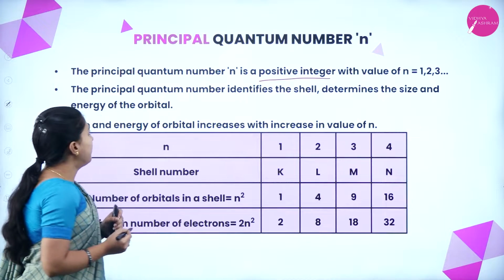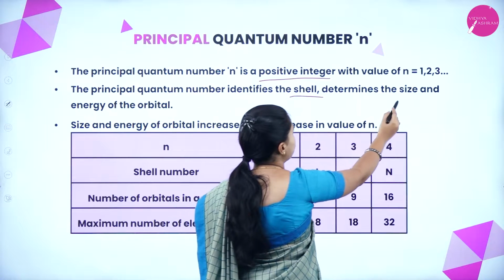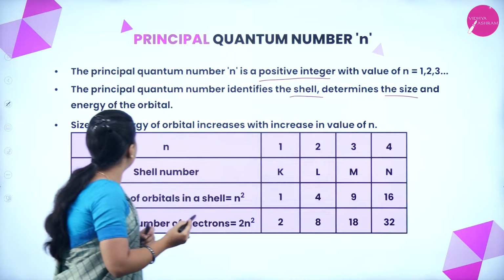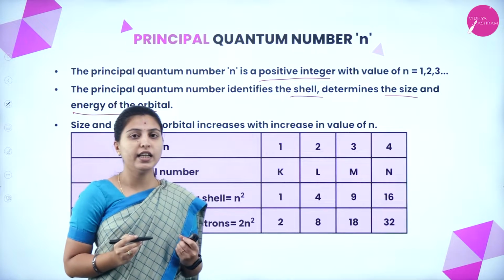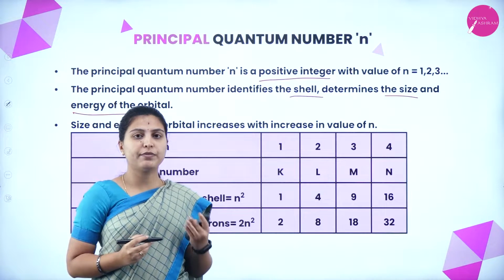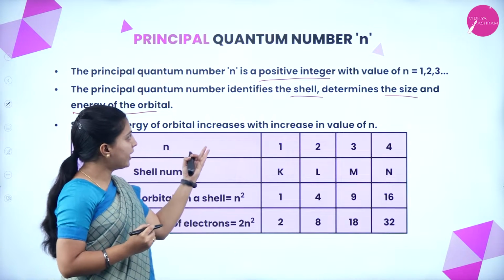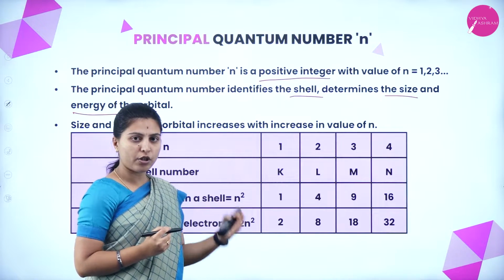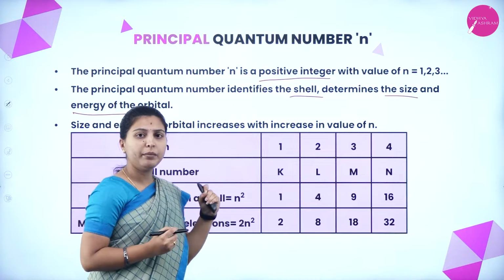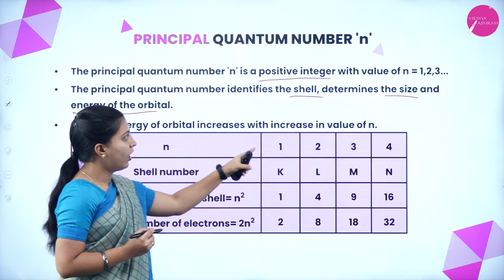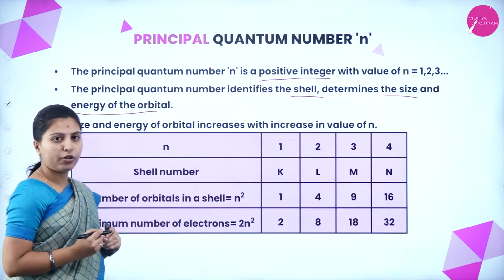The principal quantum number identifies the shell and determines the size and energy of the orbital.